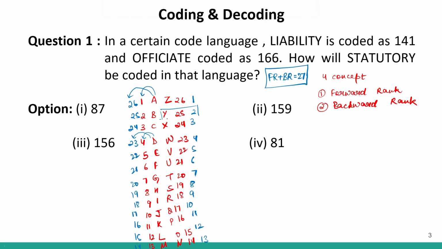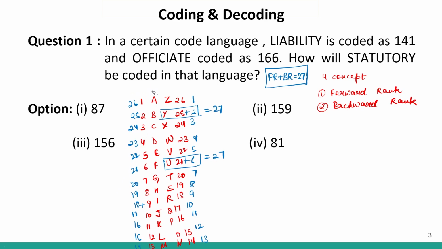For Y, we have 25 plus 2, which equals 27. Similarly, for U, we have 21 plus 6, which equals 27. Take any random letter, for example, I. I's forward rank is 9, backward rank is 18, and the sum is equal to 27.